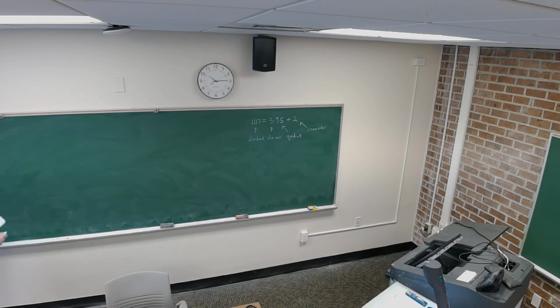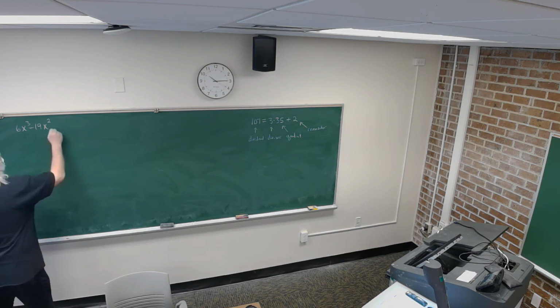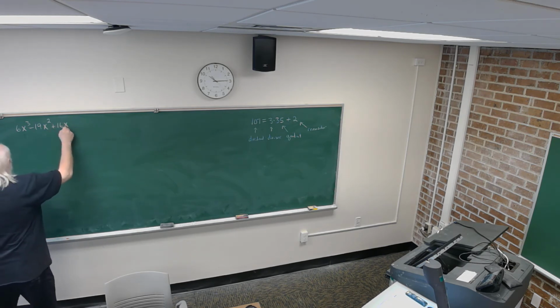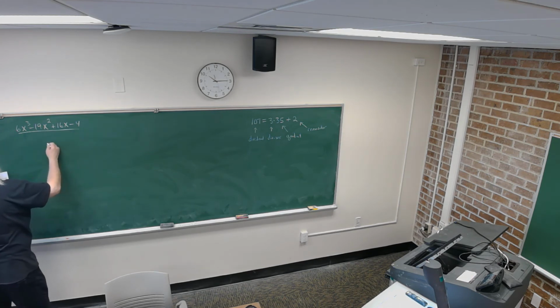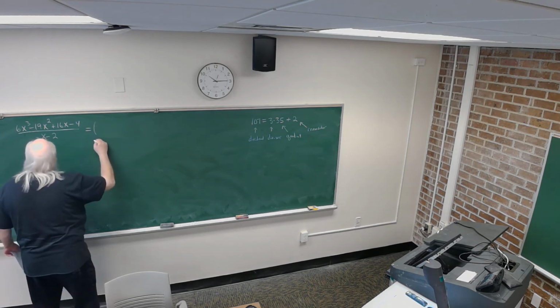Just to emphasize a point, we're dividing that 3rd degree polynomial by the linear polynomial x minus 2. Again, fraction bars are like division symbols.